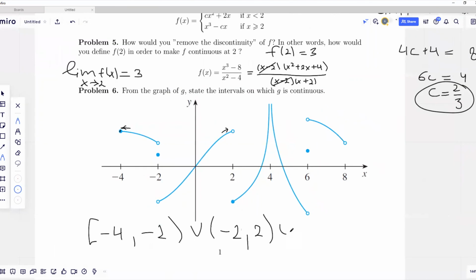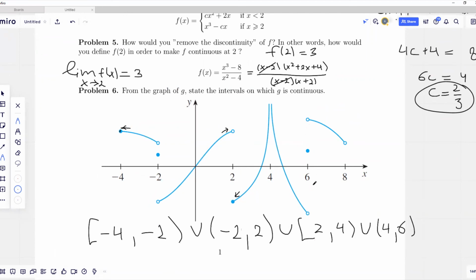Okay, now we can see that it is continuous from the right at point 2, since the limit will be equal to the value of the function at that point. Then we see an infinite discontinuity at point 4. Then it is continuous up to point 6.